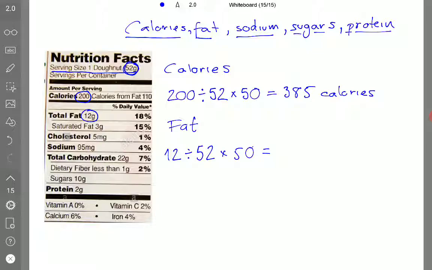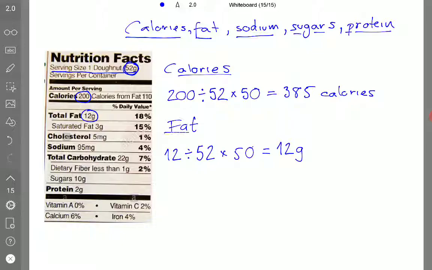So again, go to your calculator, do 12 divided by 52 times 50, and you're gonna get 11.5, which I'm going to round up to 12. So 12 grams will be the grams contained in 50 grams of this particular sweet.